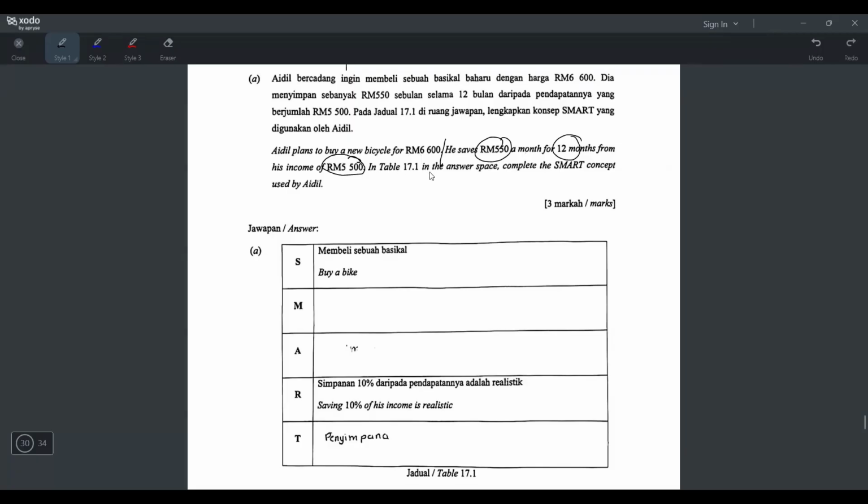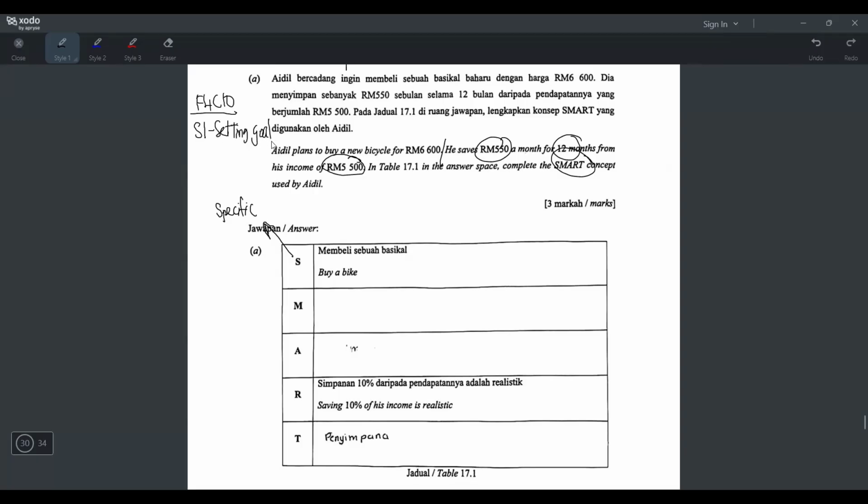Then it says in table 17.1, in the answer space, complete the SMART concept used by Ideal. So SMART stands for what? By the way, this one is Form 4 chapter 10, the financial management chapter. You learn this in Form 4 chapter 10, and the first step in financial management is setting goals.